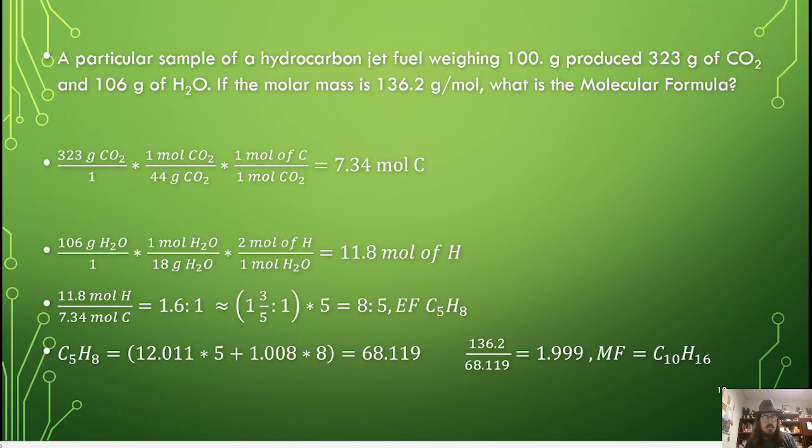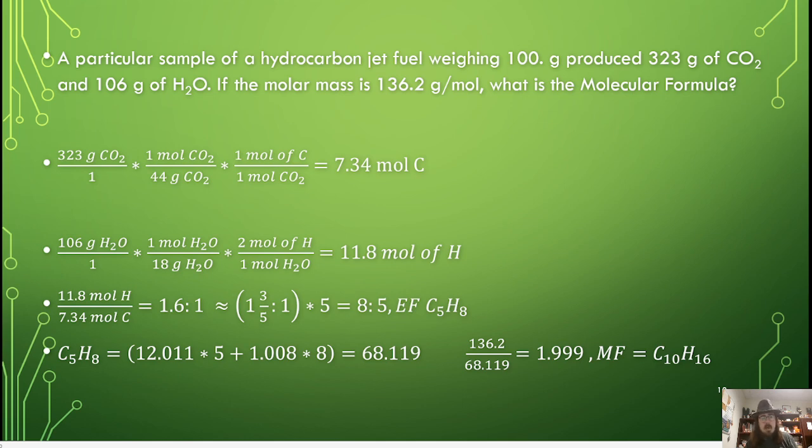So, we turn the 323 grams of CO2 to moles, and then from moles of CO2 to moles of carbon. That gives us 7.34 moles of C. Then we take 106 grams, divide by 18, multiply by 2, because each water has 2 hydrogens.